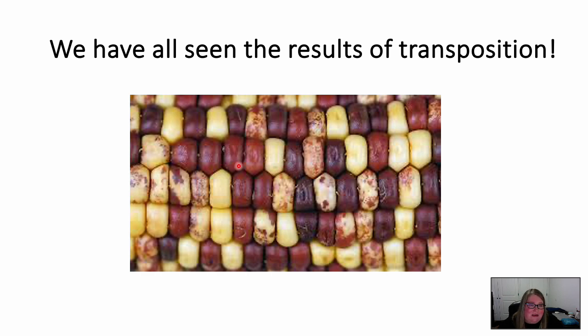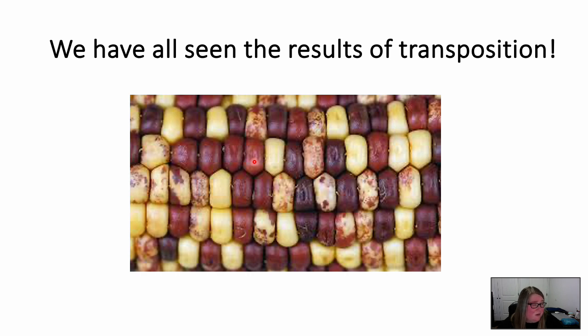So what happens is there are transposons in this Indian corn, in this maize, that are going to take the transposon and insert itself into the gene for this pigment. So what we're going to see is these yellow kernels instead of these red ones.